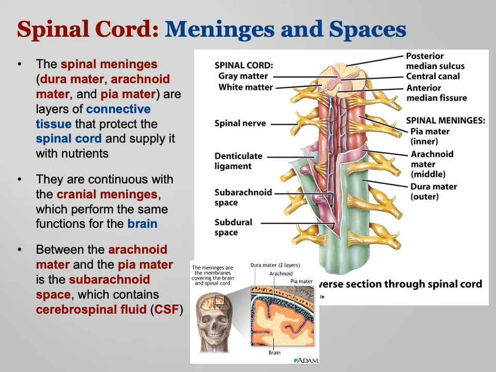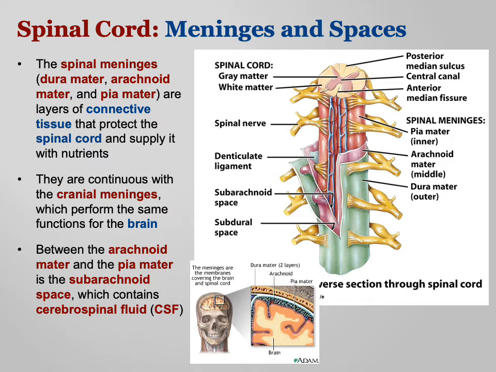Now, between the arachnoid mater and the pia mater is the subarachnoid space, which contains cerebrospinal fluid. There are other spaces as well, but I'm going to wait until we get to the brain to talk about all the spaces in detail. But for right now, just keep in mind that the subarachnoid space is underneath the arachnoid mater, and therefore above the pia mater.